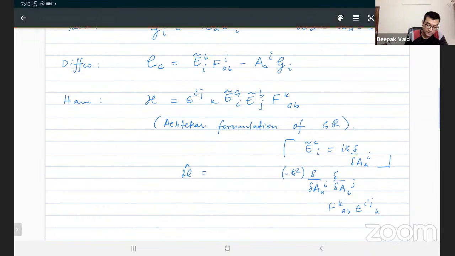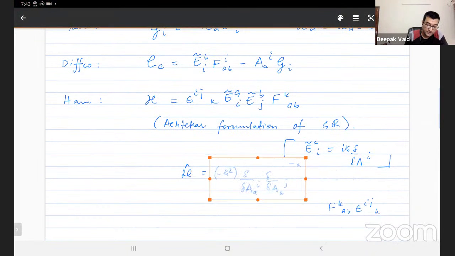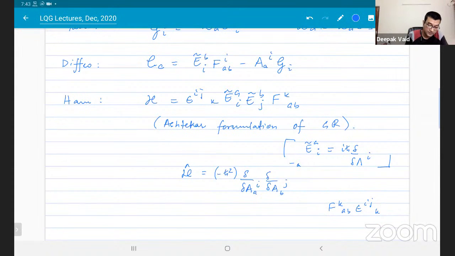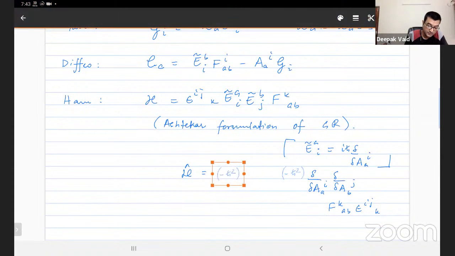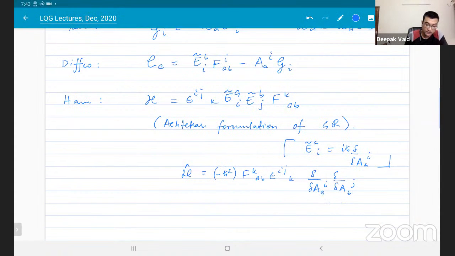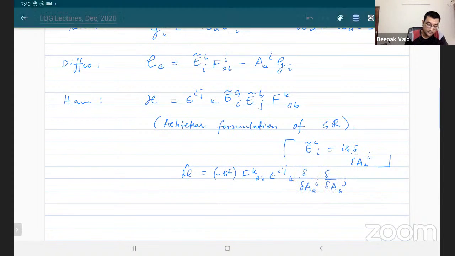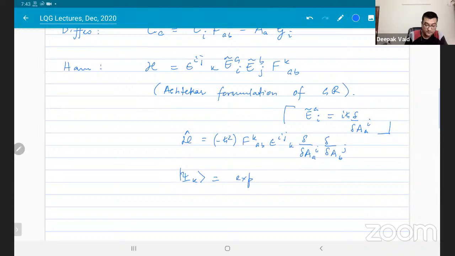Now this object has a very nice interpretation. Again, there are some issues about operator ordering and so on, but neglecting all such issues for the time being, this equation has a very simple solution which is called the Kodama state. The Kodama state is the exponential of this functional.